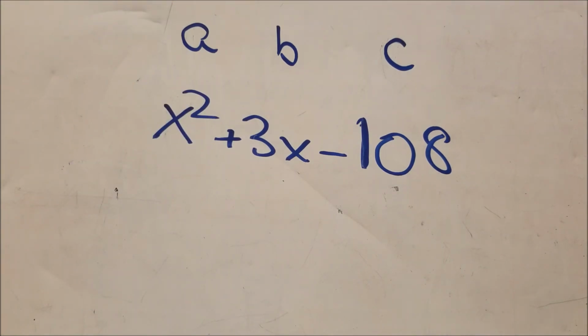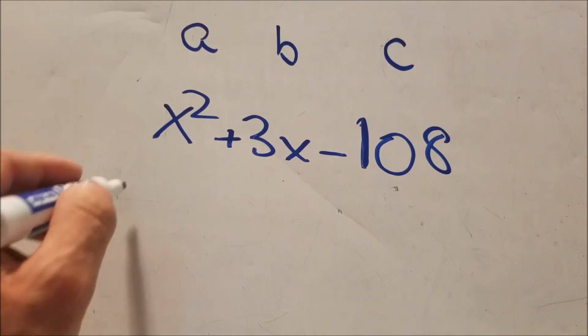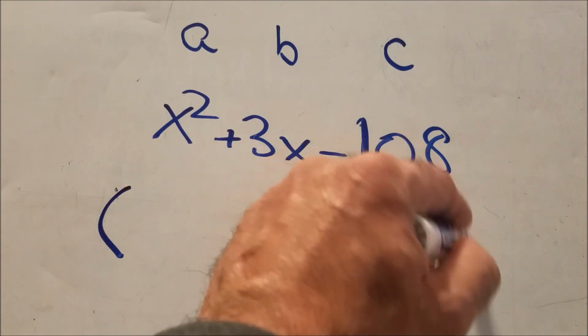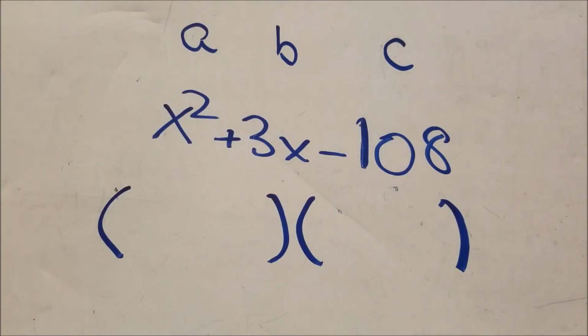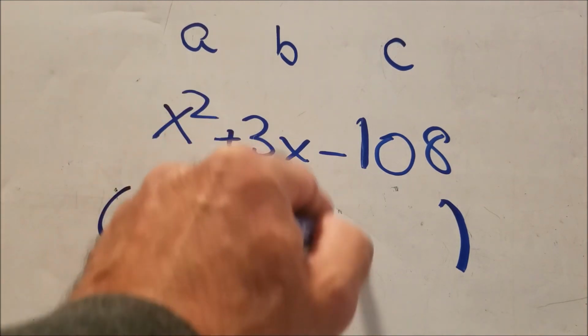Okay, well 12 times 9 is 108, right? So we're going to take our trinomial and make two binomials, like we've done in Algebra 1. We know we're going to have x's because we have an x squared.